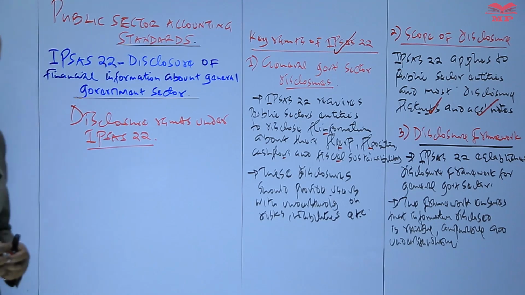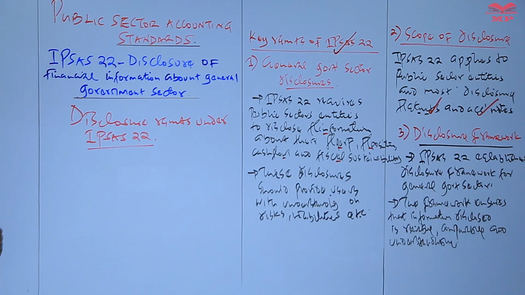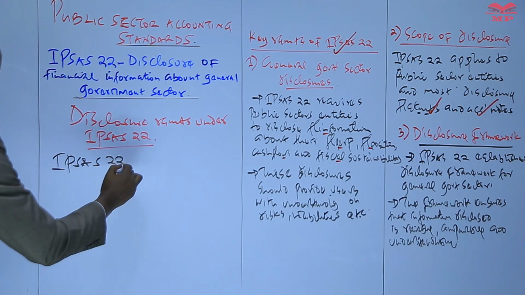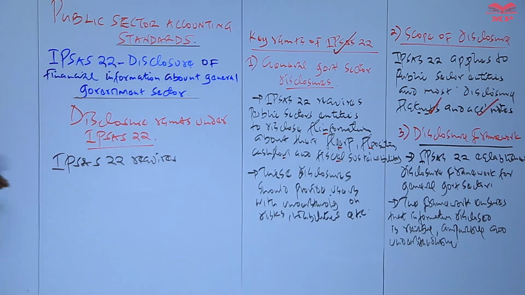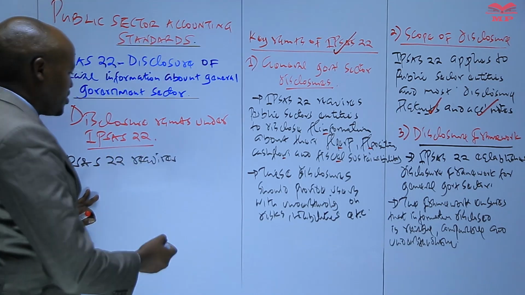Which information needs to be disclosed by the public sector entities or the general government sector? So we can say IPSAS 22 requires disclosure to include the following.